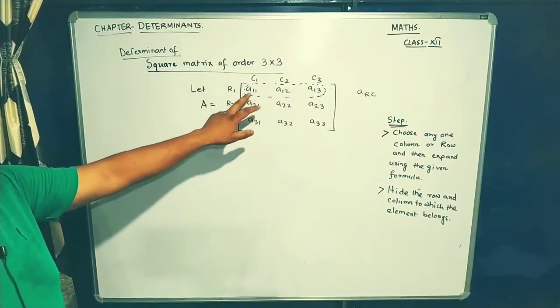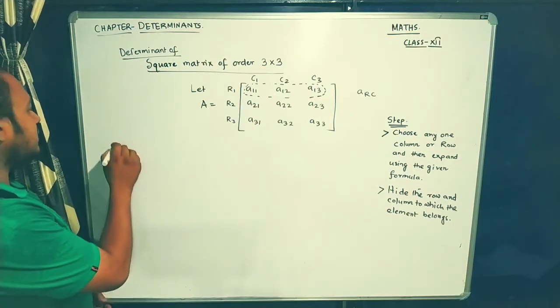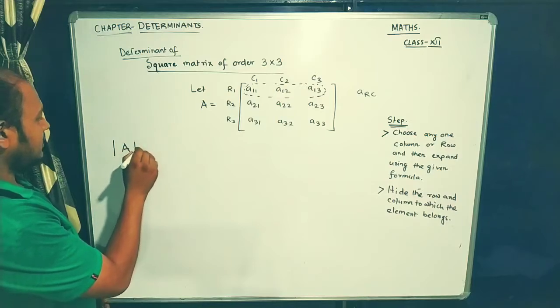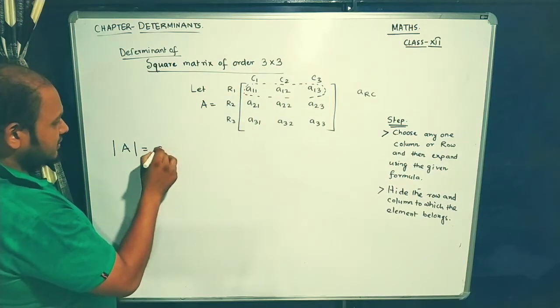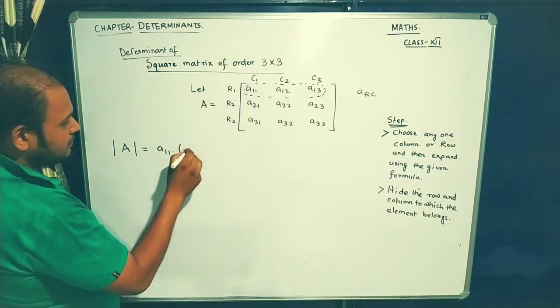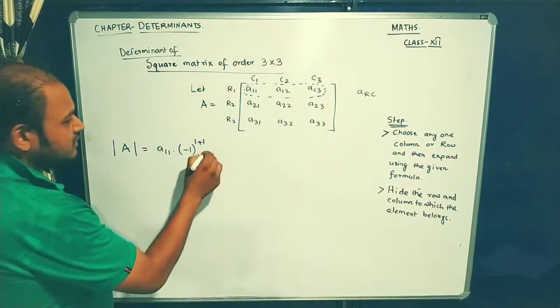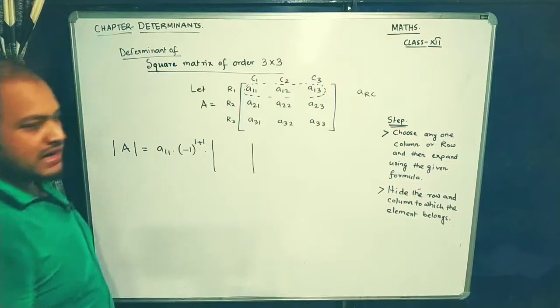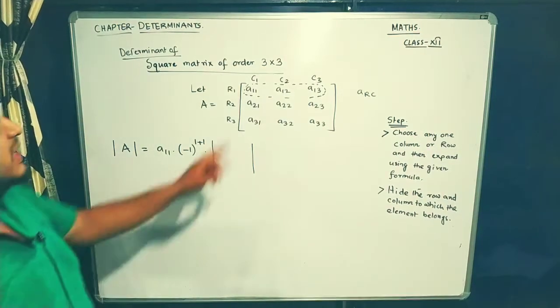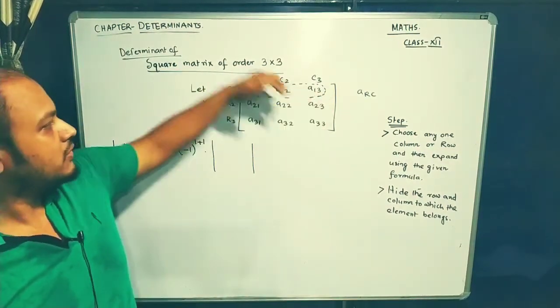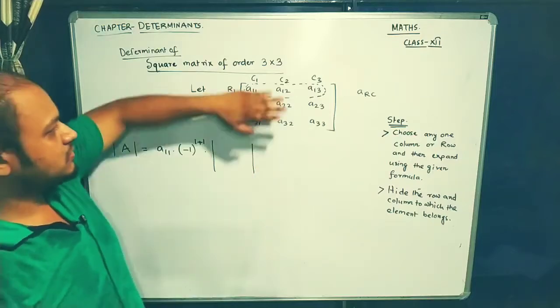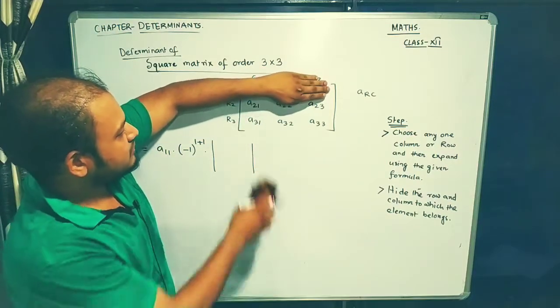So selecting the first row, we say that determinant of A is equal to, what is the first element? It is A11 multiplied by minus 1 to the power 1 plus 1. Fine. Then there is a determinant. Now hide the row and column. See, A11 belongs to the first row and first column. So hide the first row and also hide the first column.